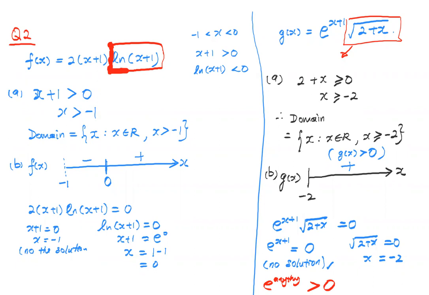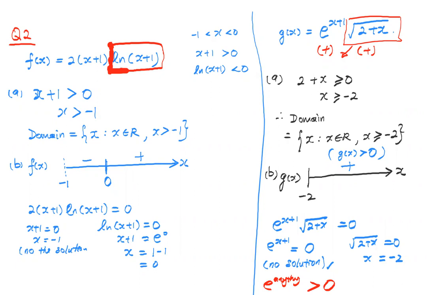Whether the power is negative, positive or whatsoever, it will be greater than 0. So a positive, and the square root there I put positive, correct? A positive times a positive will always be positive. So that's why I put a positive sign there. There is the sign diagram.